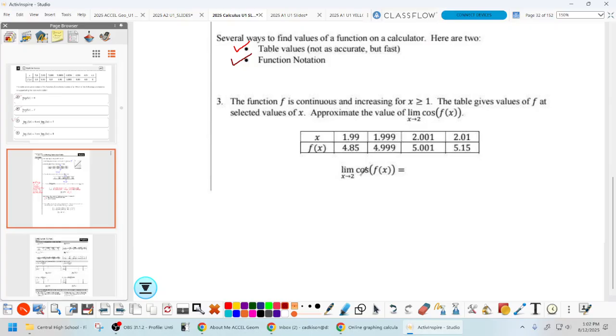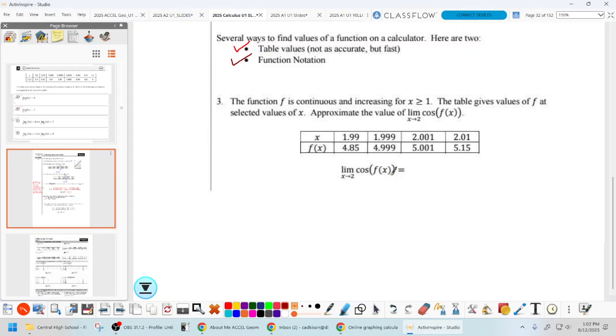So here's what's weird. It's not asking for the limit as x approaches 2 of f, but of the cosine of f. So what do you think we would do? And if you're wrong, that's fine. Like, what's your gut say?